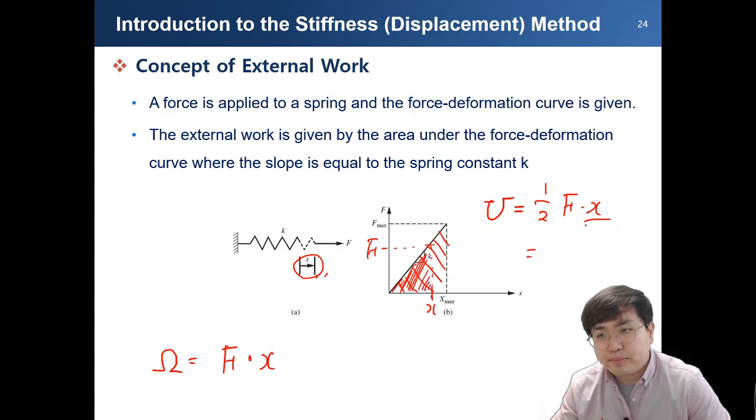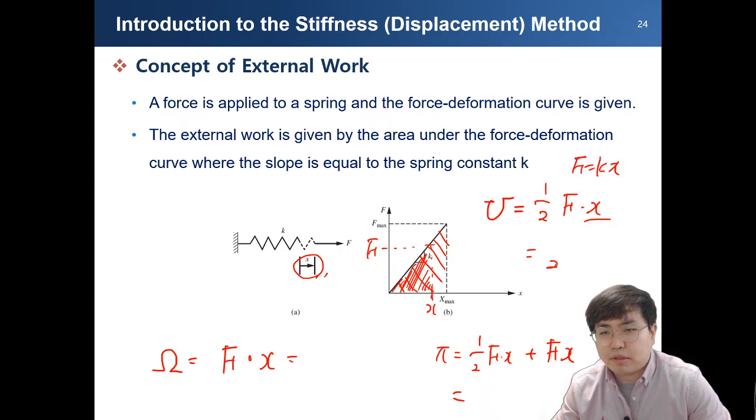And then we need the total system energy. Pi is half of Fx, plus the external energy. But we need more treatment. F equals kx, so maybe this part becomes half kx squared.